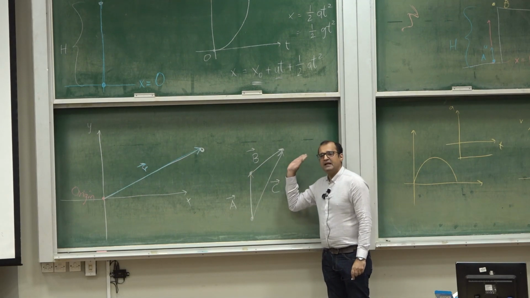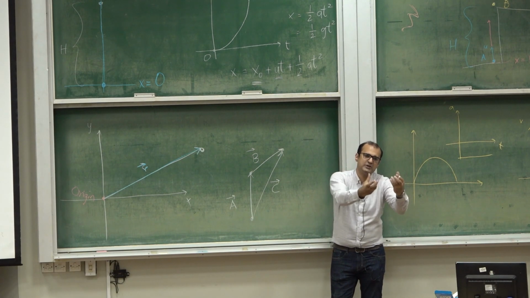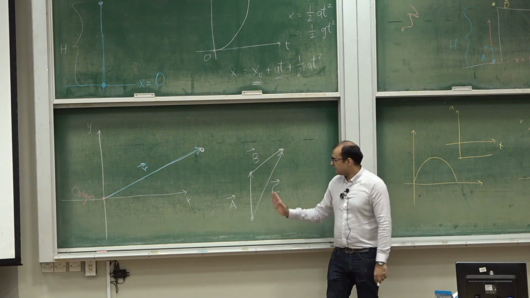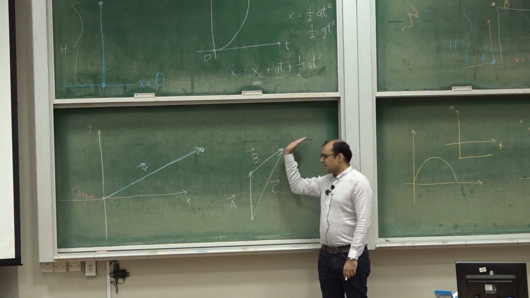Essentially putting A and B together, just like you have one block, you have another block, you put them together, and you say I have 1 plus 1 equals 2 blocks. I have one arrow, I have another arrow, you put them together, and I have this arrow.